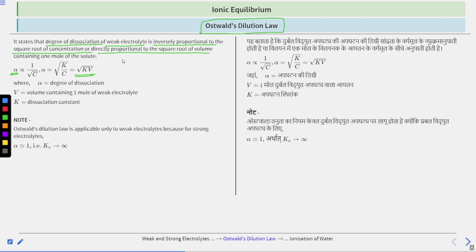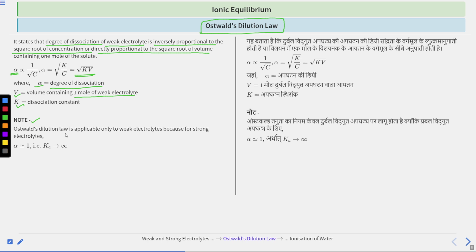Because alpha is inversely related to under root C, alpha is directly related to under root V. On introducing a constant, alpha becomes equal to under root k by C, and under root kV, where alpha is the degree of dissociation, V is the volume containing 1 mole of weak electrolyte, and k is the dissociation constant.